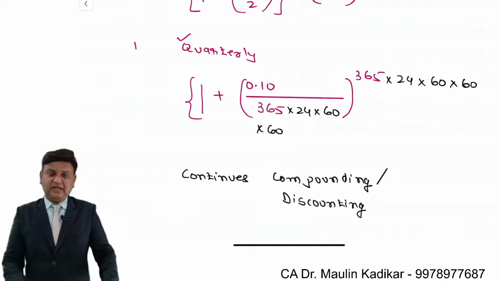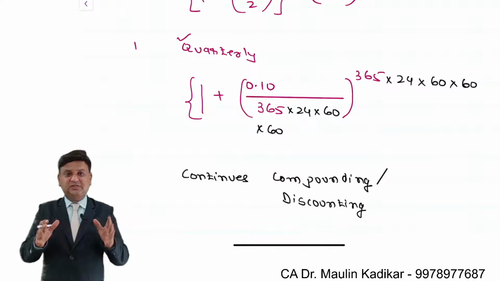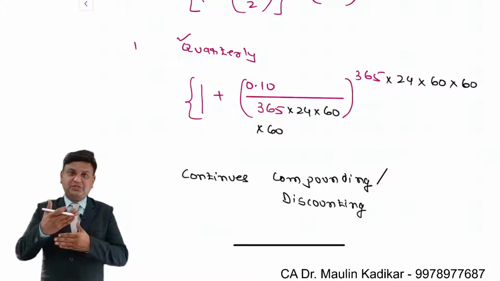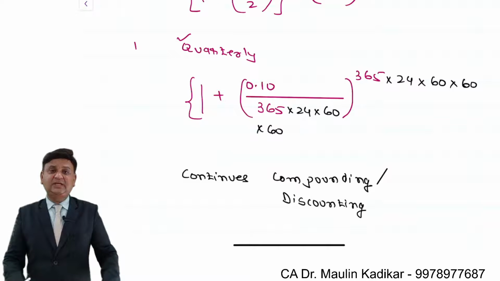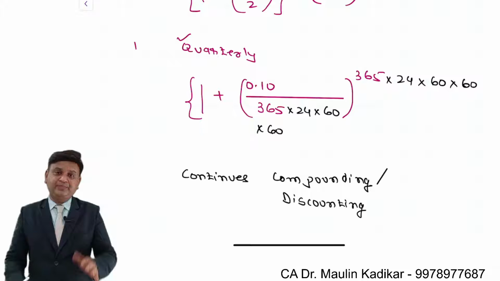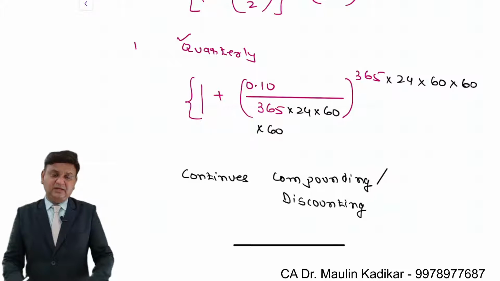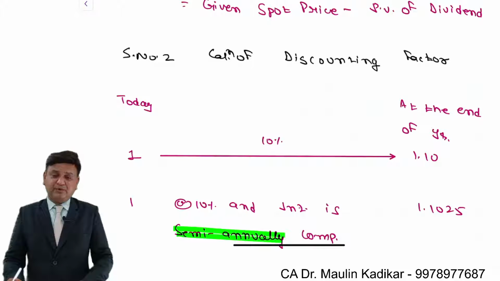Practically, at one point of time there are a number of traders who give quotations, with prices offered for purchasing or selling an underlying asset, that is, a security. So there are a number of quotations at one point of time. That is the reason we are required to compute the compounding factor or the discounting factor on a continuously compounded basis.